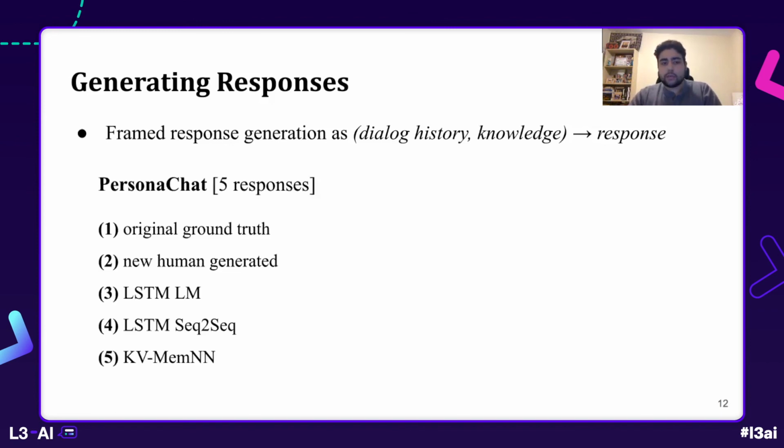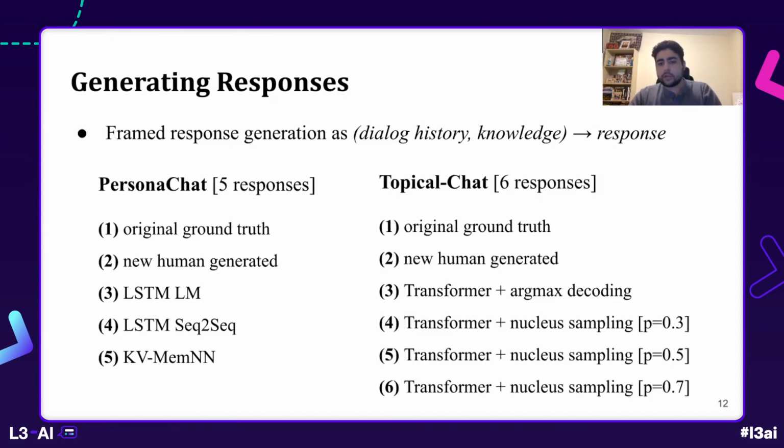For PersonaChat, we collect 5 responses: the original ground truth, a new human-generated response, and then responses from 3 types of models: an LSTM language model, an LSTM sequence-to-sequence model, and then a key-value memory network. For Topical-Chat, we collect 6 responses. Again, the original ground truth, a new human-generated response, and then a transformer model with 4 different decoding strategies.